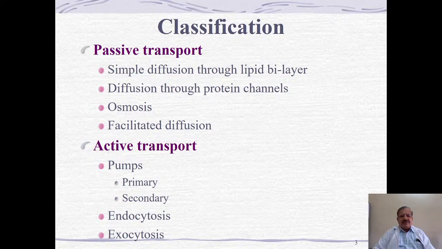Simple diffusion is through the bilipid layer, and also through the protein channel. In between the bilipid layer, you will find protein molecules. These molecules are just like gates. They allow certain things to pass through and certain things they cannot pass through. So it is a gated channel. Second is diffusion through the protein channel.